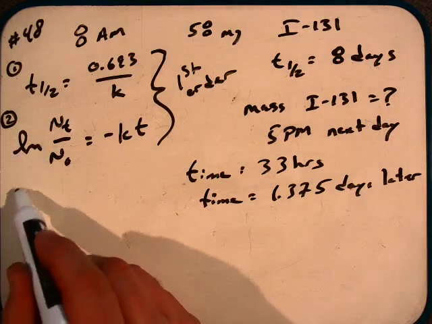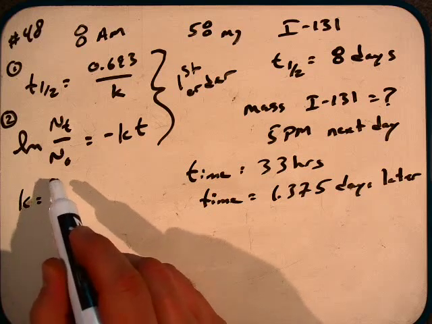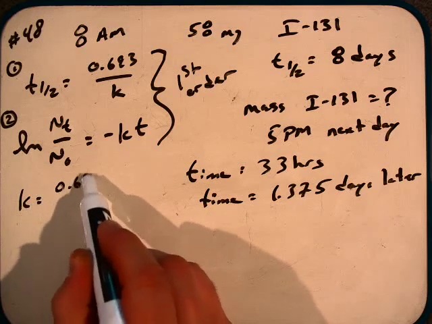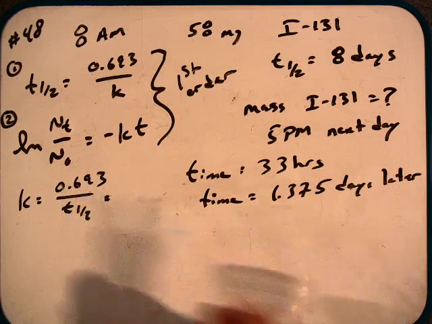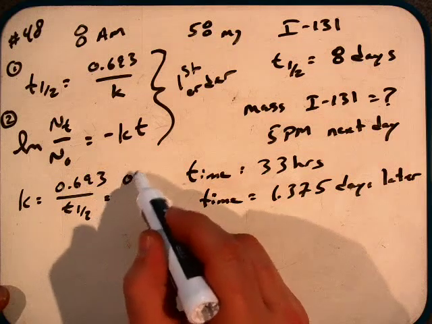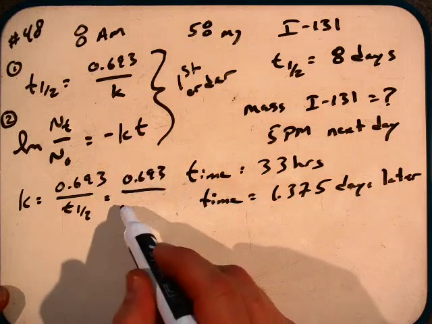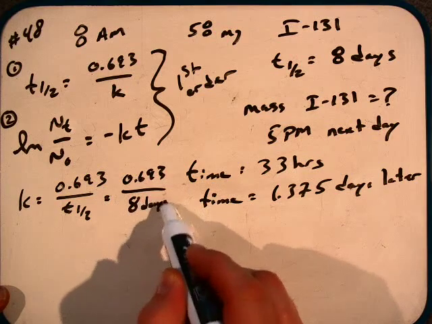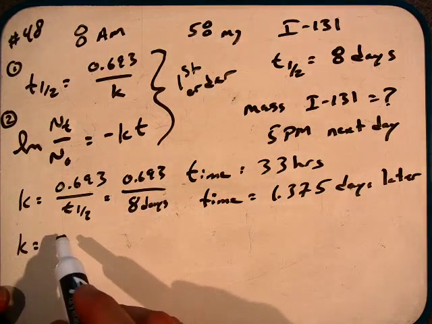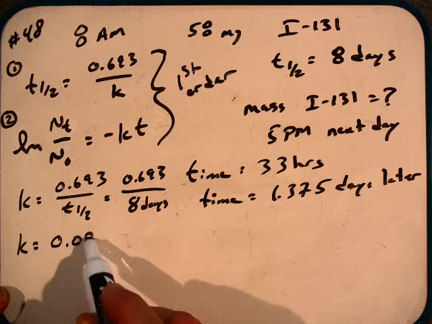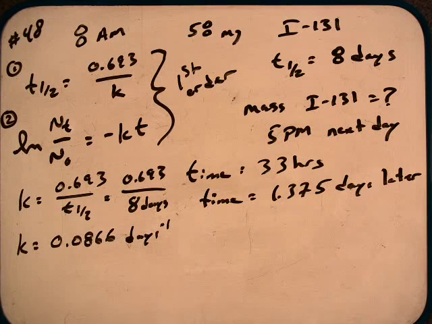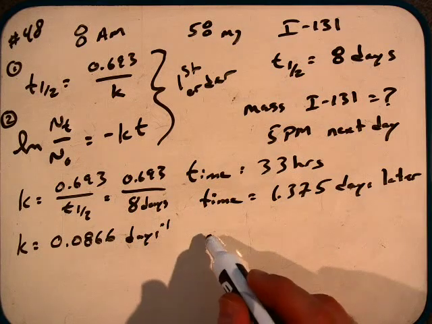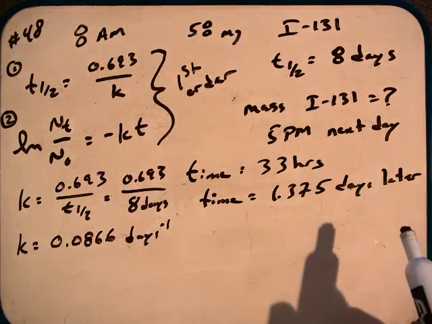If we rearrange our half-life expression, our k is going to be 0.693 over our half-life, or 0.693 over 8 days. And so our k is equal to 0.0866, in days to the minus 1, or reciprocal days. Now we can plug that into our expression for number 2.